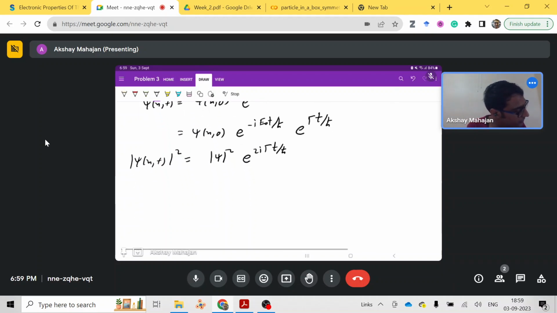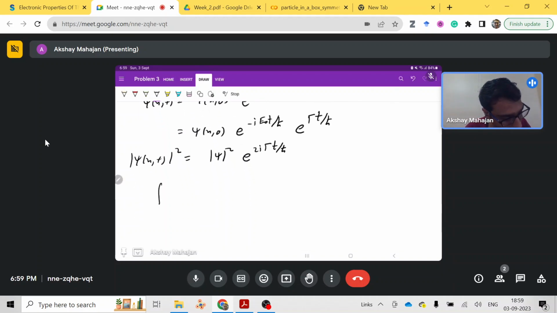Now for it to be normalizable, what we want is that the integral of mod of psi x comma t whole square dx has to be equal to 1.